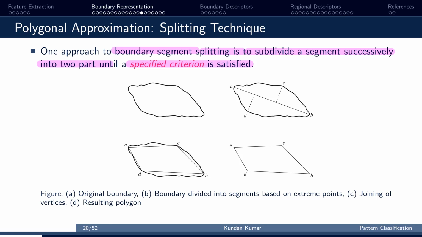Okay, so how does this algorithm work? First, all the pixels on the boundary we will store in a list, and then we will find the two pixels which are at the farthest distance. So suppose we have the points A and B, where these two points are at the farthest distance.